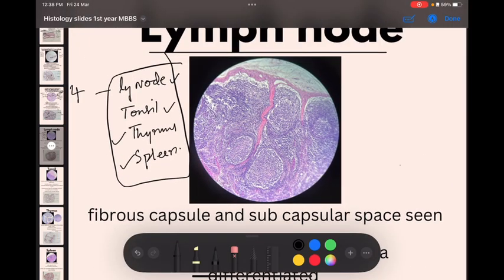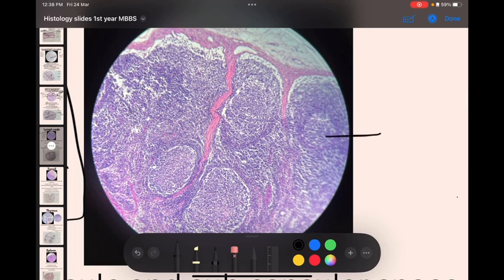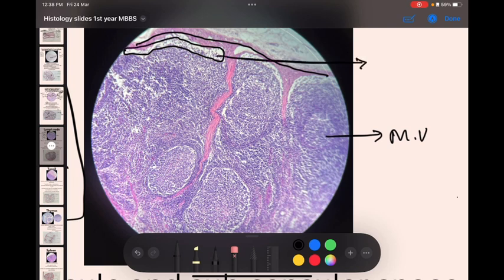Coming to the lymph node, this is how the microscopic view is. We have a capsule, and below it a space called the subcapsular space. Sub means below the capsule.